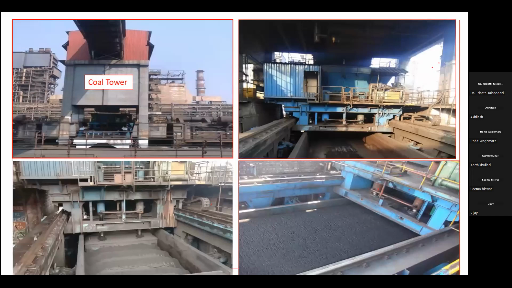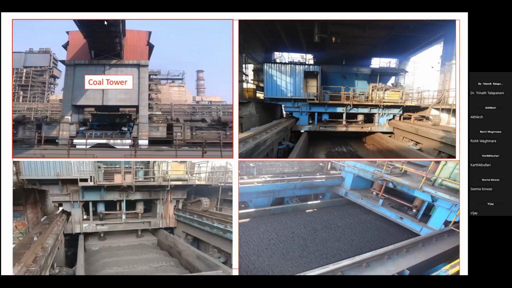So this is the pictorial view of the sequence of operations in the coke making department. You can see the coal tower, and you can also see the conveyor belt here.